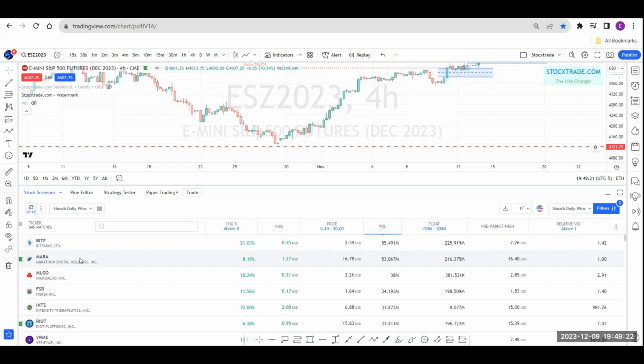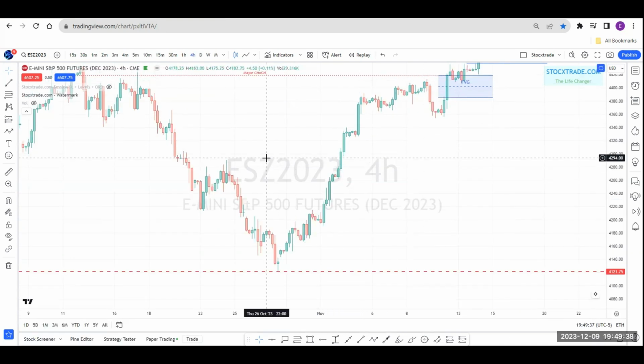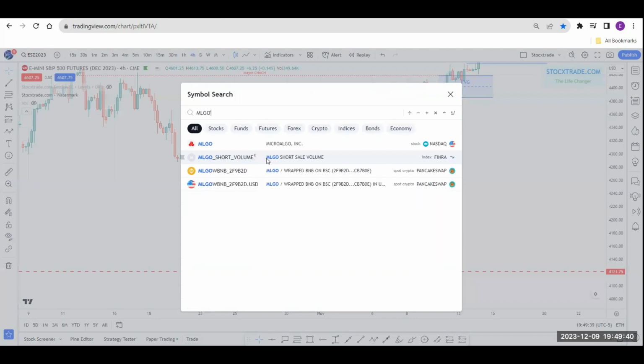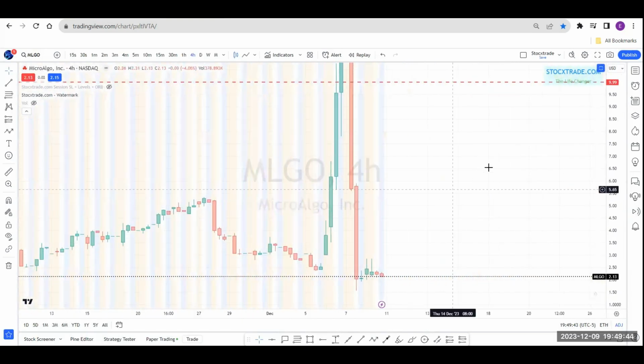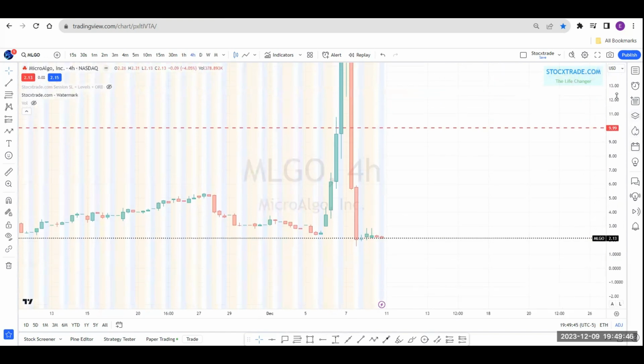For those small companies which have really low float, meaning the number of tradable shares, if the float is really small, like MLGO did a couple of days ago, its float was very tiny.